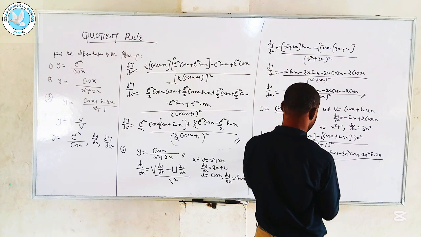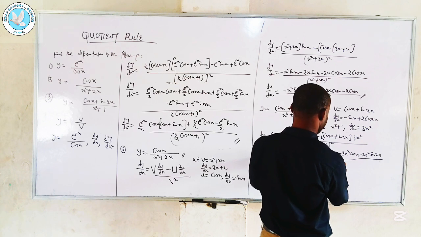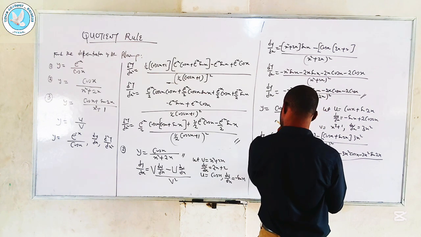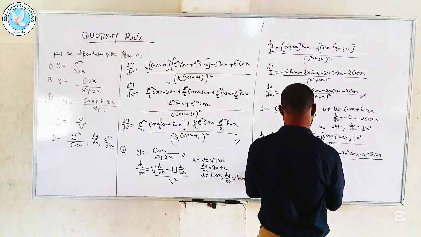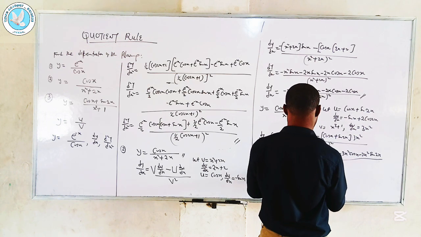So this sine and this minus 1, and also let's this minus here, minus 1, and this is plus 3.